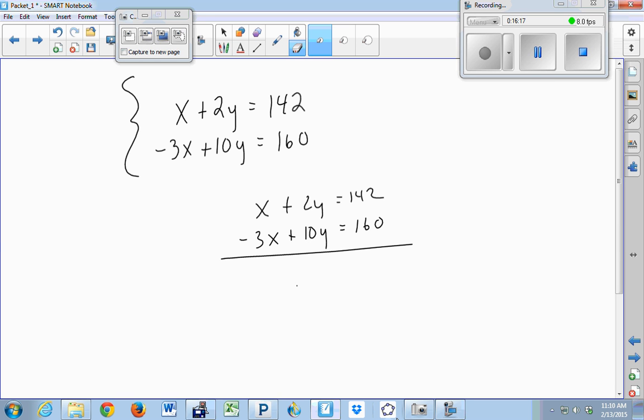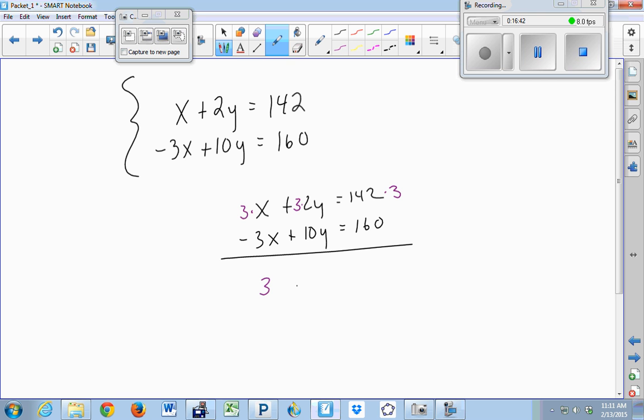You can pick either the x or the y, but since x has a negative coefficient in the second equation and a positive coefficient here, I might as well multiply this top equation through by the opposite of negative 3, which is plus 3. So I'm going to multiply this by 3 and this by 3 and that by 3.